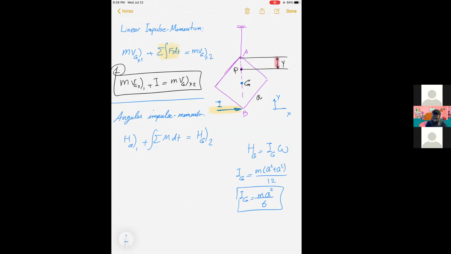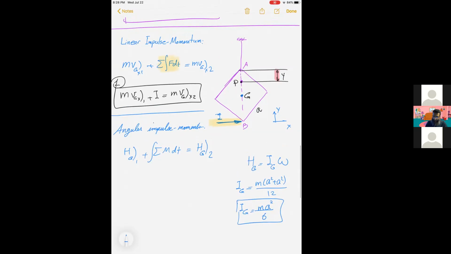So if I substitute this here, remember the initial velocities are 0 because this is at rest, and then you start hitting it with this impulse. So this will be 0 and this will be 0. If I simplify this, what creates angular momentum is just I times this distance. So this is the second equation. How much is this distance?